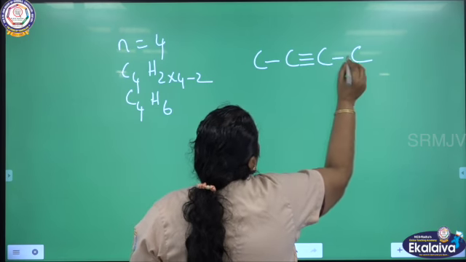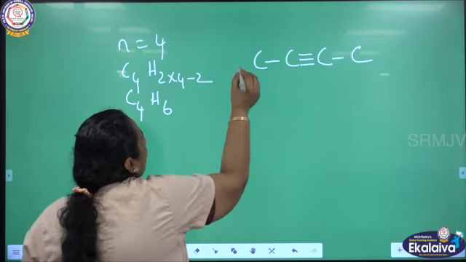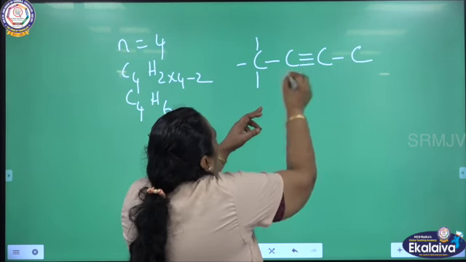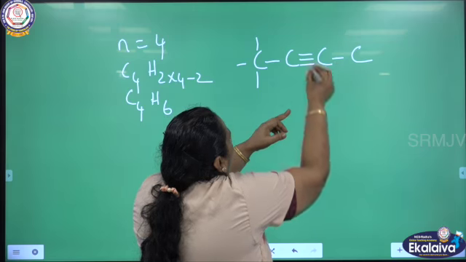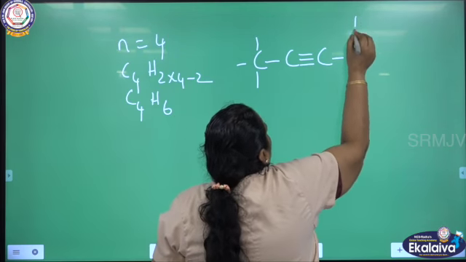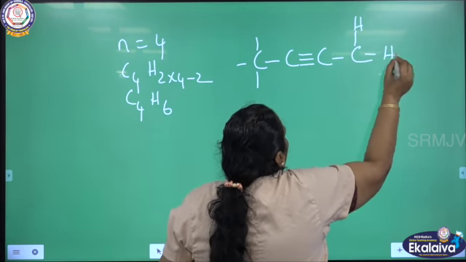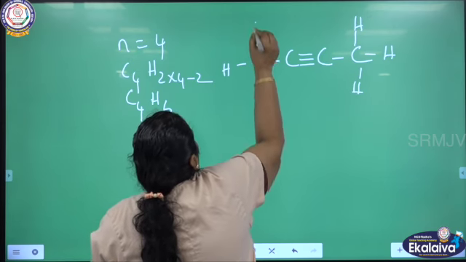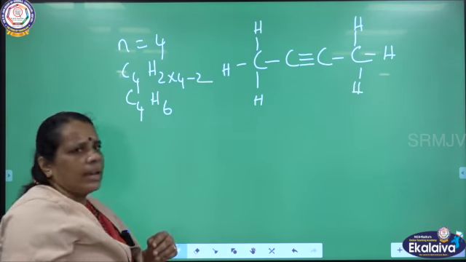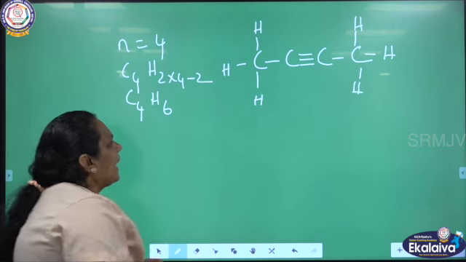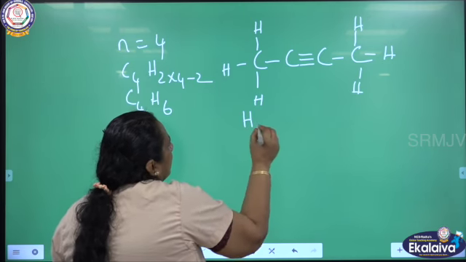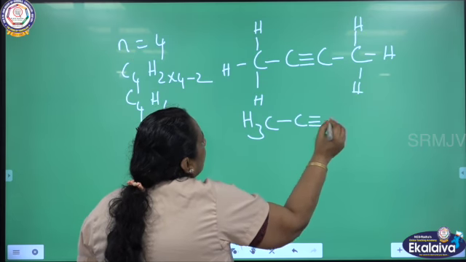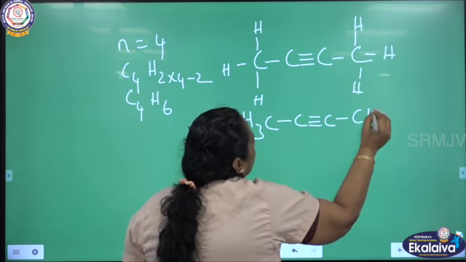The other carbons will have single bonds. See this carbon, we have to draw 3 more valencies. So 3 hydrogens here, and towards the other side of the carbon we also have 3 hydrogens. What will be the condensed structure? CH3, single bond C, triple bond C, single bond CH3.